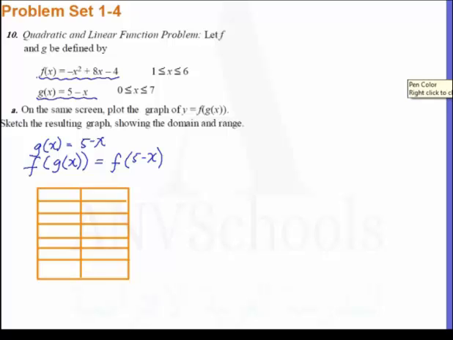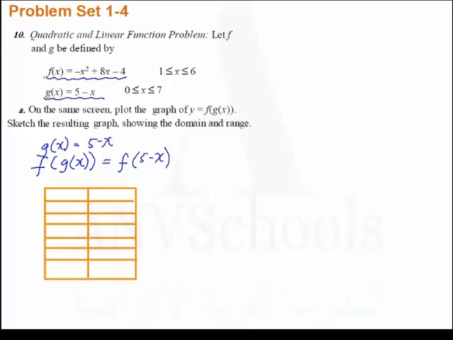So this is your x, and this is the y, or in that case, that's the f of x.